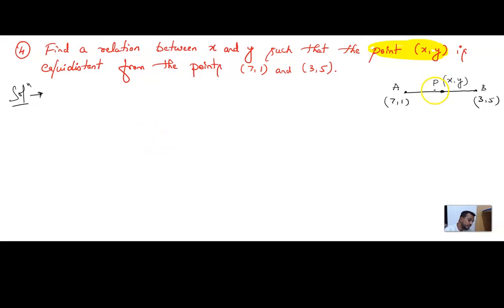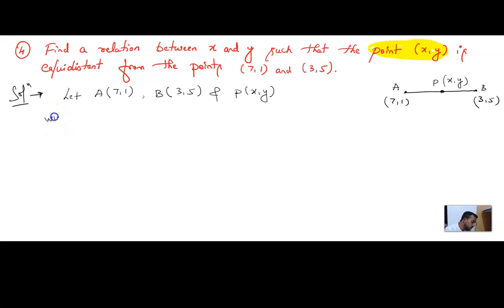So x comma y is equidistant means the distance from P to 7 comma 1 is the same as from P to 3 comma 5. So let A be the point having coordinates 7 comma 1, B be 3 comma 5, and P be x comma y.